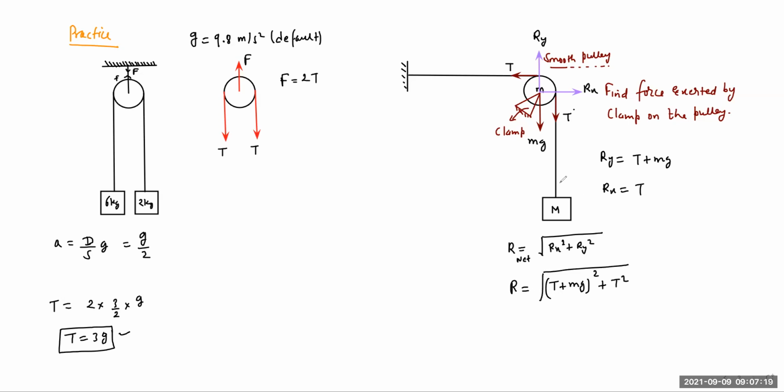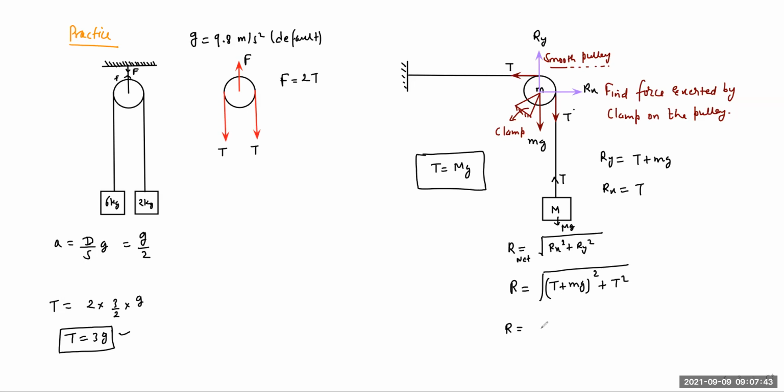And now the T is not difficult to calculate because we know that this block is not moving. So this T must be equal to the weight of the lower block. So the answer turns out to be, I'm just writing this directly, T is capital Mg. And this I got from the equilibrium of the hanging block.